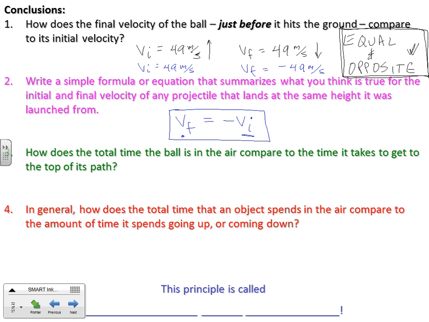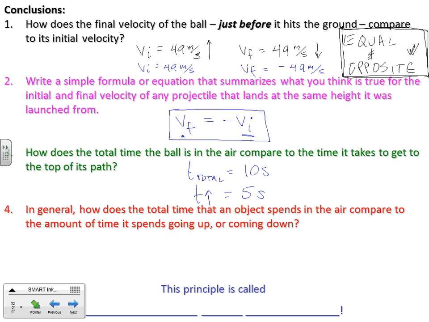Okay, number 3, total time the ball is in the air. How does that compare to the time it takes to get to the top of its path? Well, if you notice, T total, time in the air, was 10 seconds. T up was 5 seconds. So in general, how does the total time that an object spends in the air compare to the amount of time it takes to go up or come down?